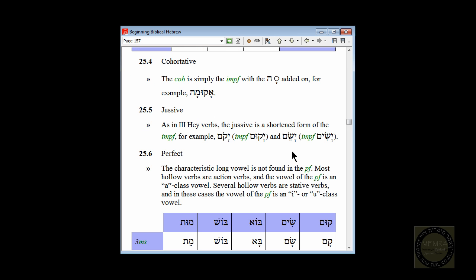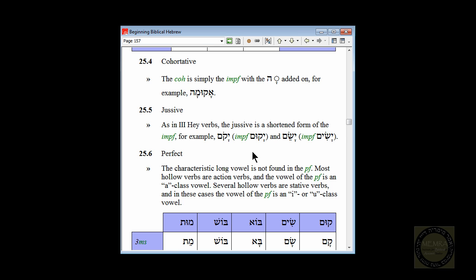Jussives, just like in third he, the jussive is a shortened form. So we might have normally the imperfect yaqum. If you see something like this, yaqom, the dot, the holem dot, is actually a shorter vowel than the shureq. Now, I haven't been having you do anything with vowels, and you really don't have to memorize these forms. You just have to retain this piece of information.